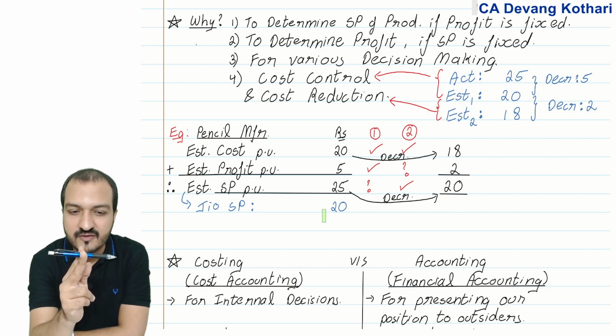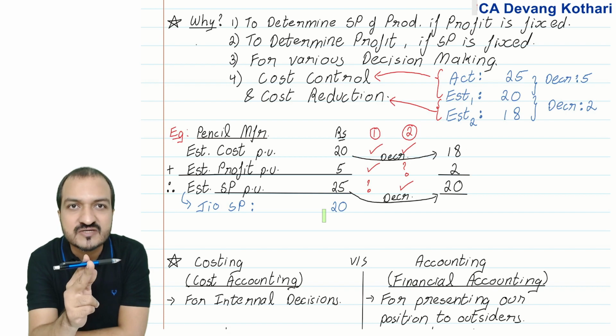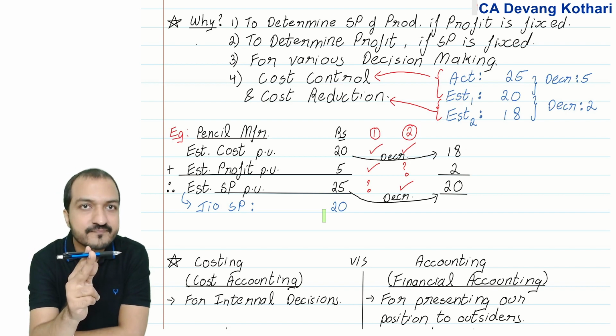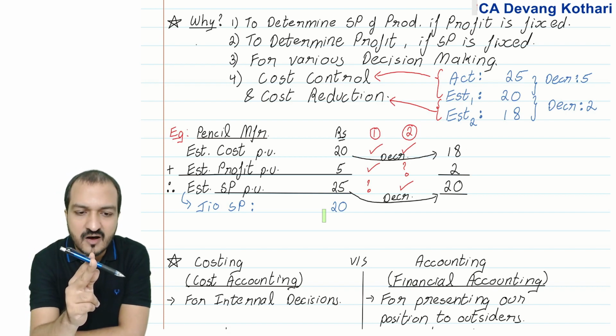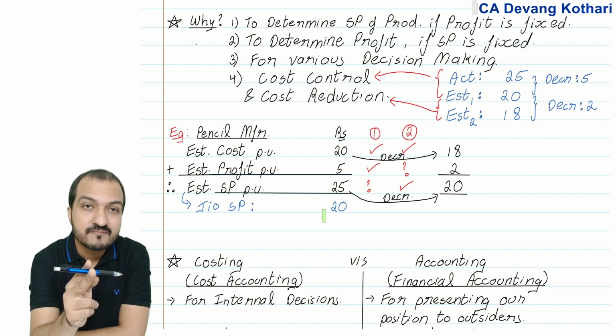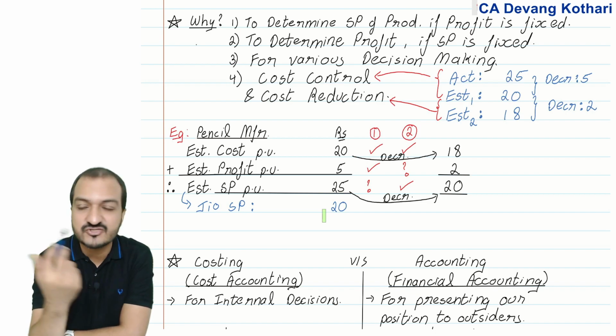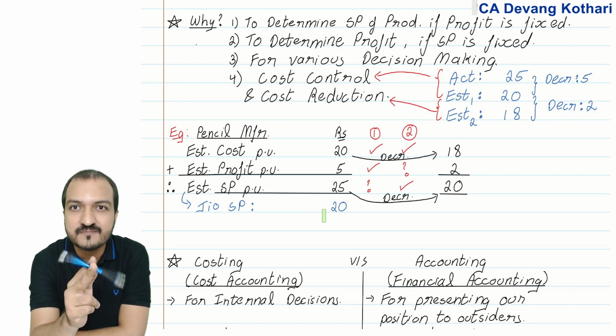Let me see your creativity. Come on. Purchase the cheaper material, Roshan. Yeah, purchasing cheaper material, but don't you think it might decrease the quality? And decrease in quality might again make mistakes, and because of mistakes, your cost might again increase.